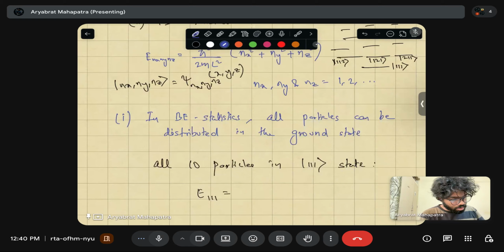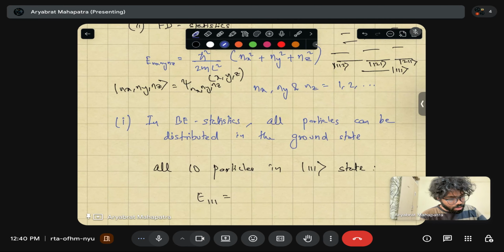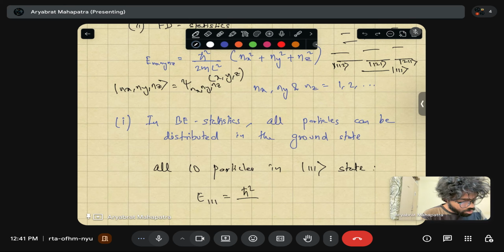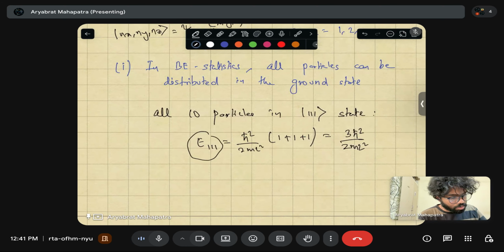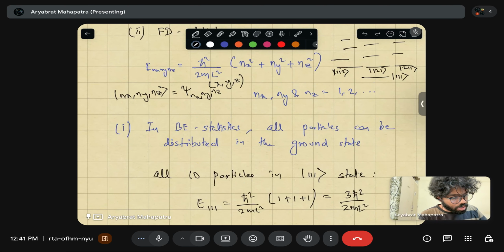Then your lowest energy becomes 3, or yes, (π²ħ²/2ml²) times (1 plus 1 plus 1). Then you have 10 particles, and you want to distribute all 10 particles to the lowest energy level.